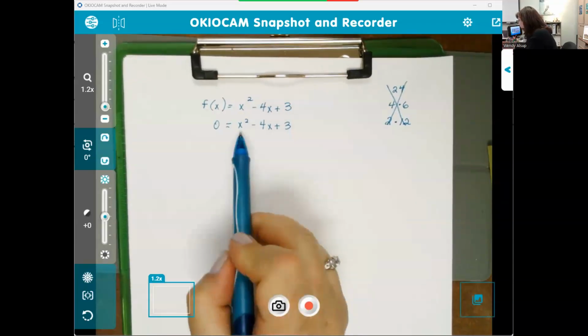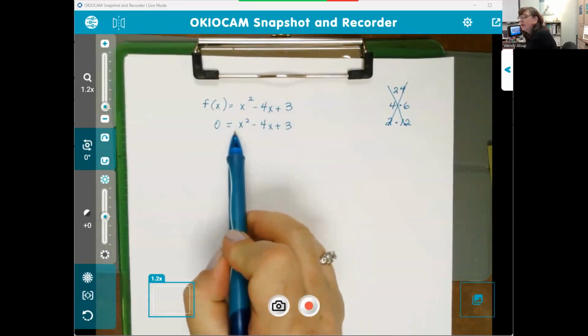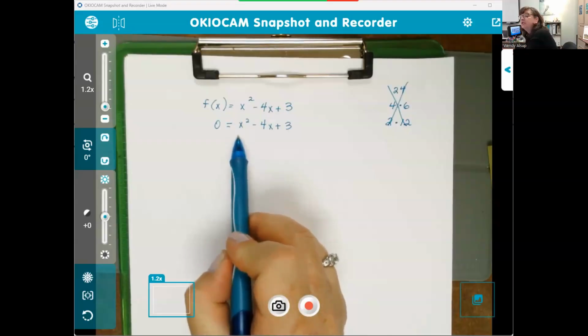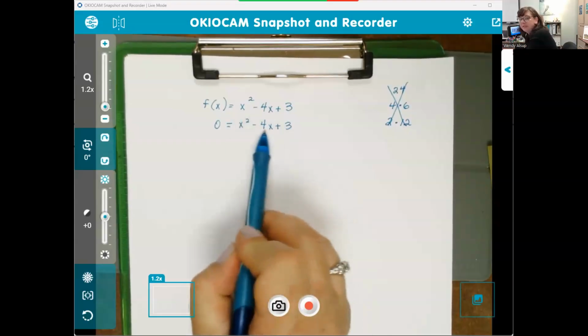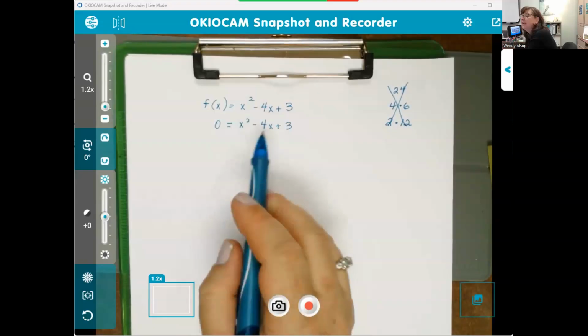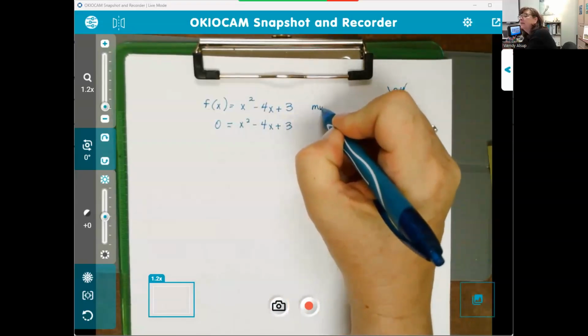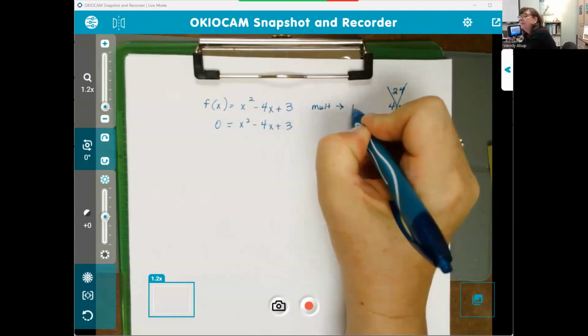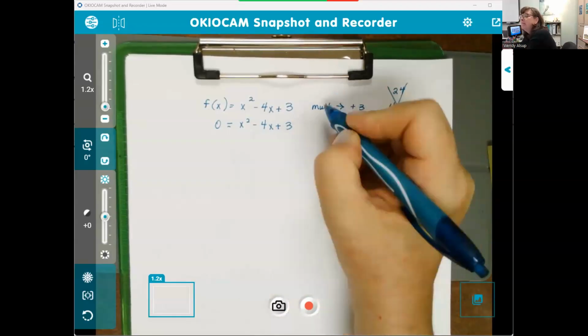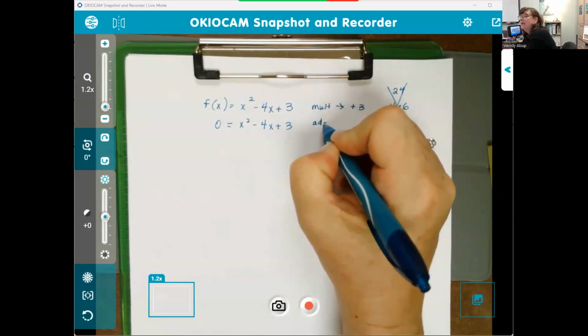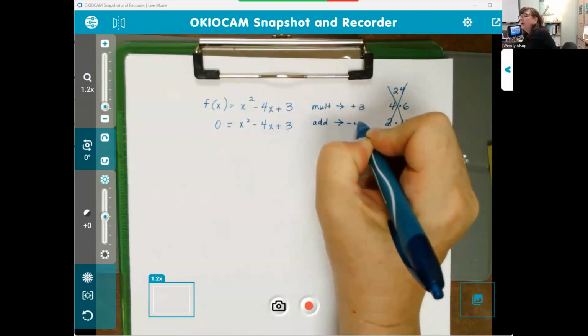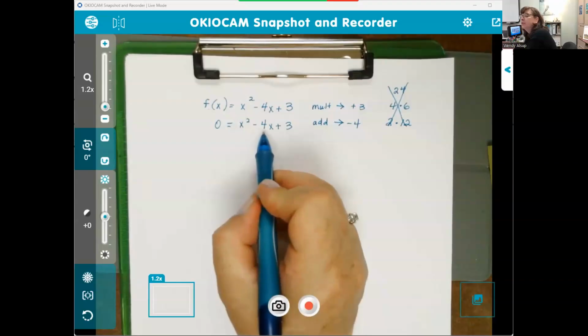If you have a quadratic equation and it doesn't have a coefficient in front of the x squared term, so it's just a 1, these are rather simple to factor by asking yourself the question, what numbers multiply to be positive 3, the last term, but add up to be negative 4, the middle coefficient?